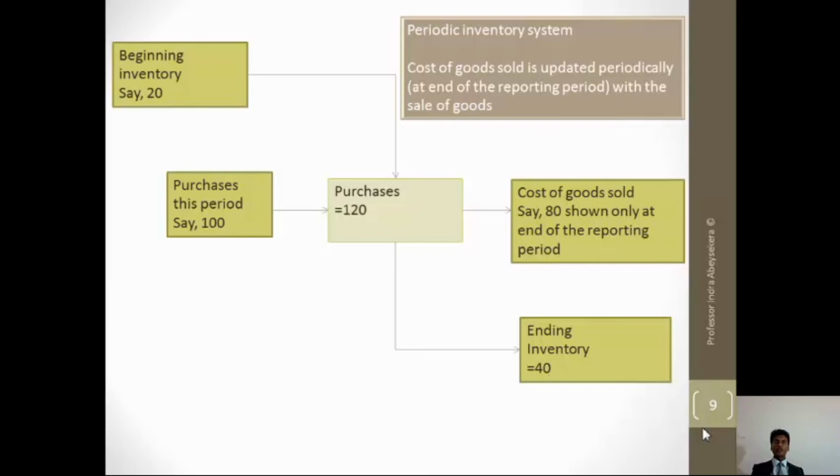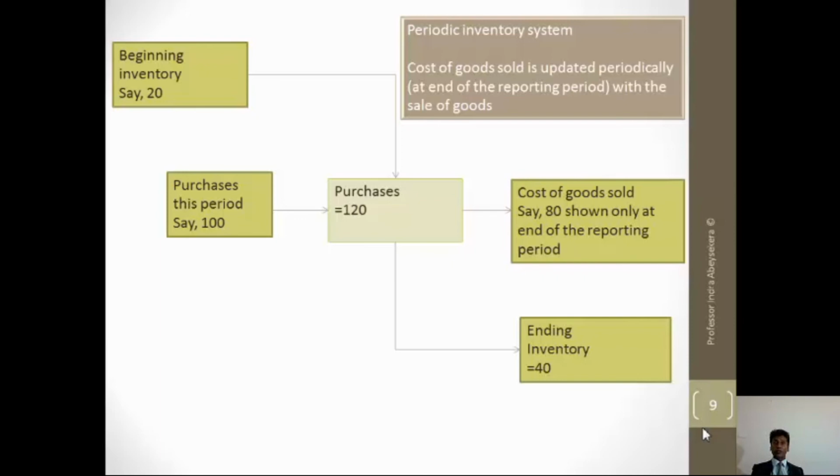So the difference between the two is under the perpetual system, the goods bought are recorded under inventory. Under the periodic system, goods bought are recorded under purchases.